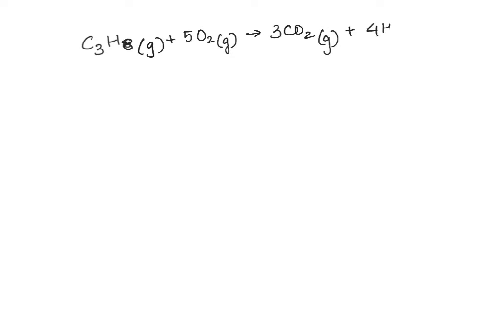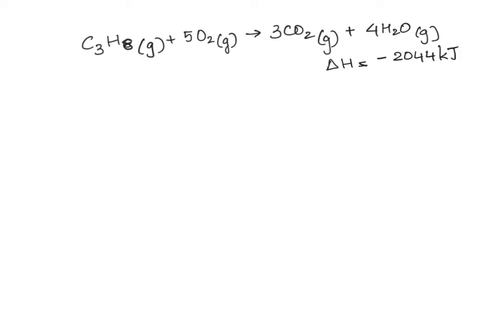For example, if you see a reaction that looks like this, C3H8 plus 5 O2 yields 3 CO2 and 4 H2O, and delta H for this reaction is given as negative 2044 kilojoules.